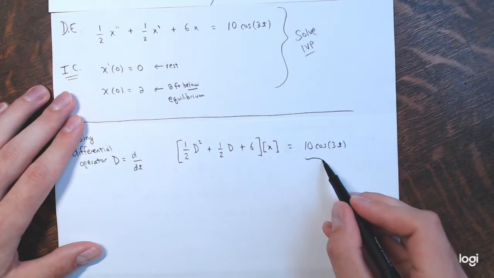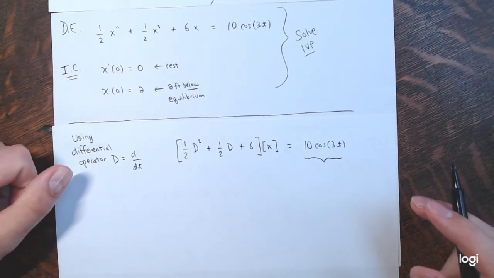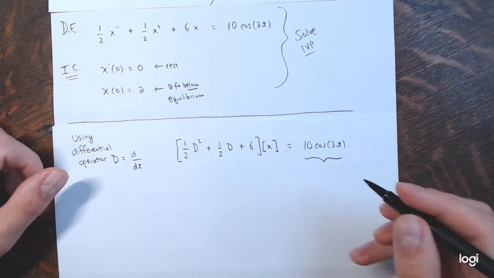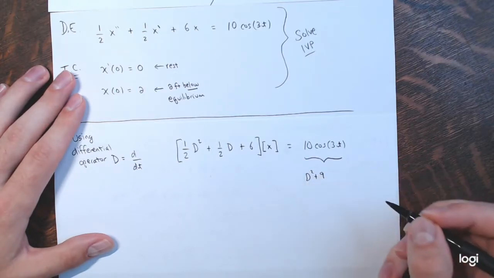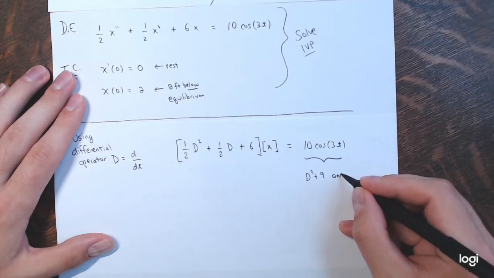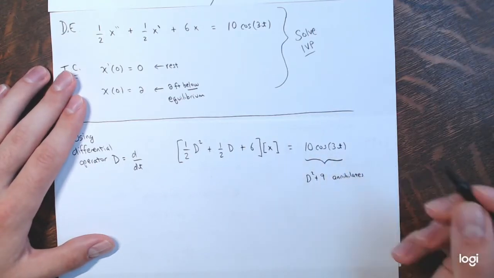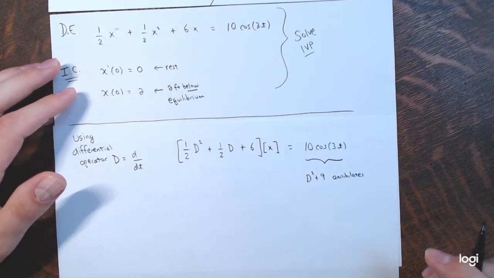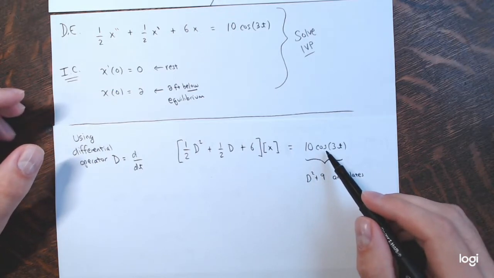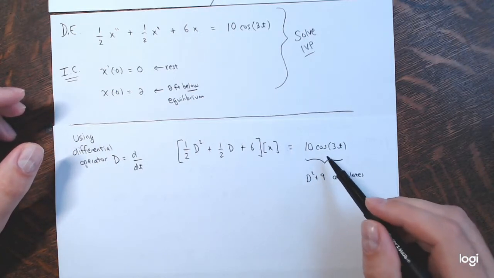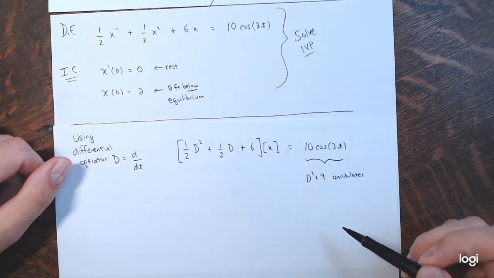And you may recall from previous videos of mine on annihilators that the operator D squared plus 9 would annihilate 10 times the cosine of 3t. And you can check that: take the second derivative of this and then add 9 of it, and you'll get 0. That's what it means to annihilate.